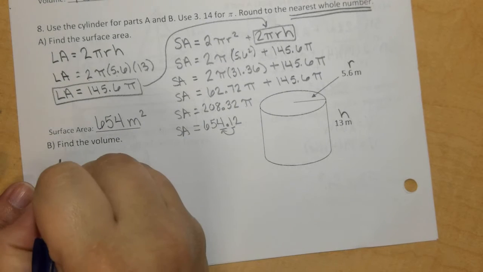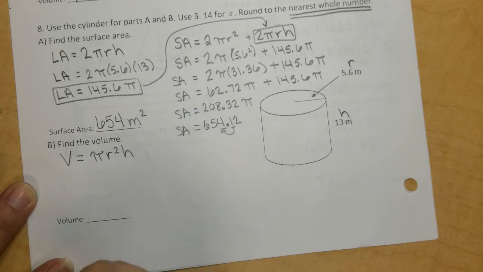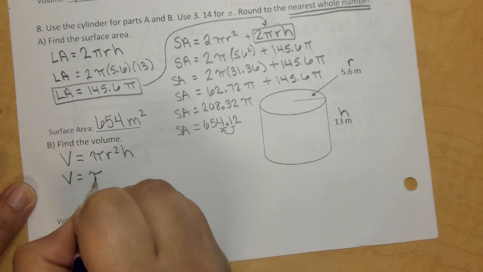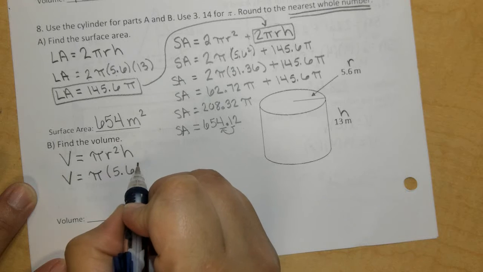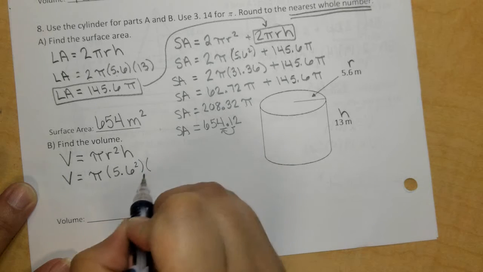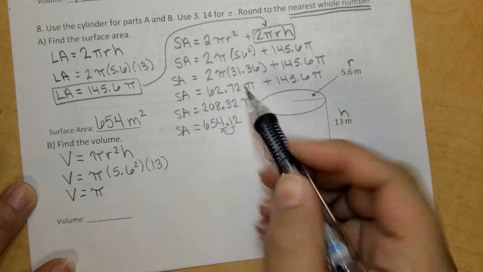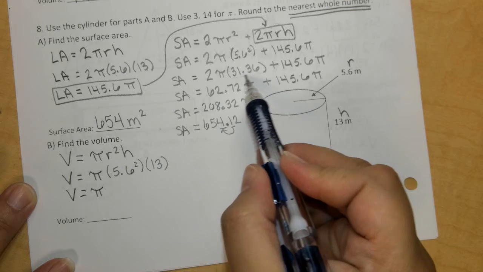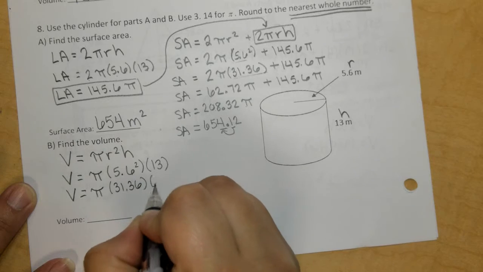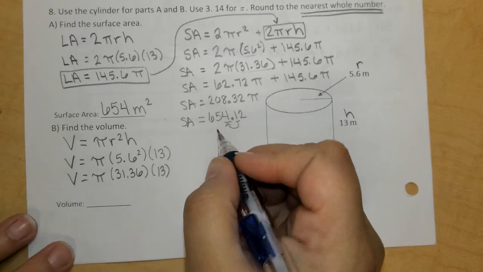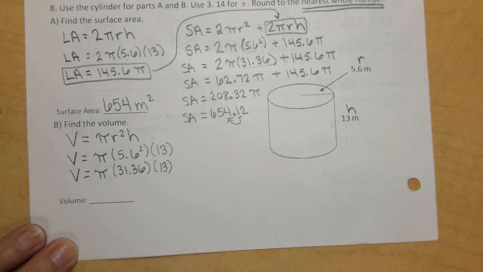Okay? For volume, we have V equals pi r squared times h. So r again is that 5.6 squared times h is 13. We know that 5.6 squared was 31.36 right here. Okay, now let's multiply those together.